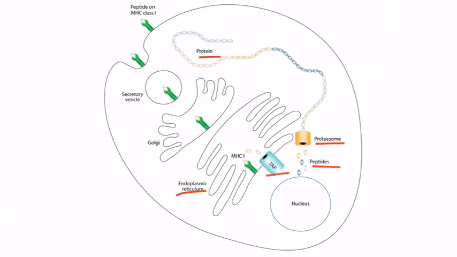The peptide fragment is then mounted on the MHC1 molecule within the endoplasmic reticulum, which you can see right here. From here, the MHC1, along with the mounted peptide, goes to the Golgi apparatus, into a secretory vesicle, and then fuses with the cell membrane. So on the surface, we can see that a peptide is mounted on an MHC class 1 molecule right here.